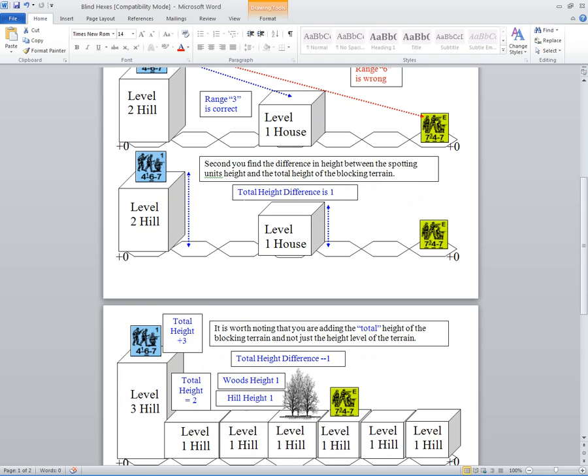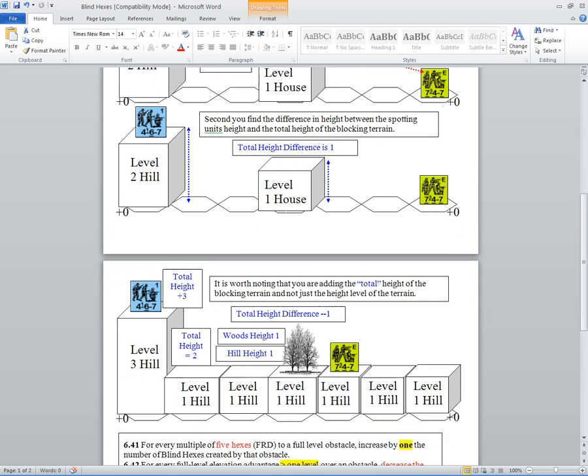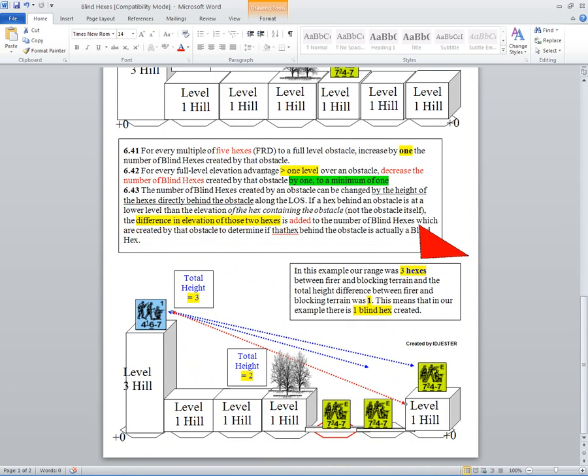You're going to find the total height differential between the firer and the total height of the blocking terrain. For each level, for each multiple of 5 hexes, you're going to add 1 to the blind hexes created. If the target or the firer is at a higher level than the obstacle, it can reduce the number of blind hexes by 1 to a minimum of 1.